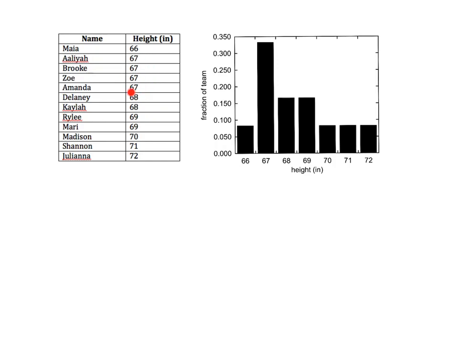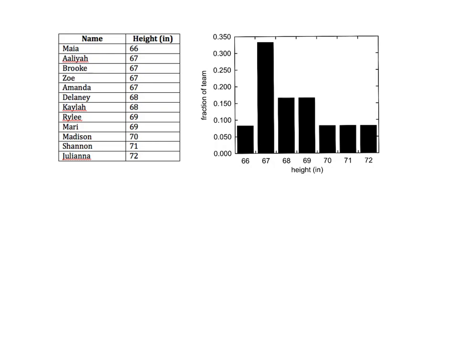There are 2 women that have a height of 68 inches and 2 women that have a height of 69 inches. Since there are 12 women on the team, 4 out of 12, or 1/3 of the team, has a height of 67 inches.